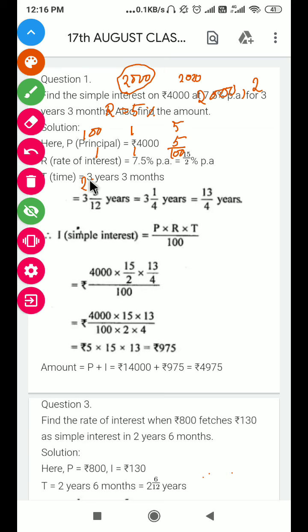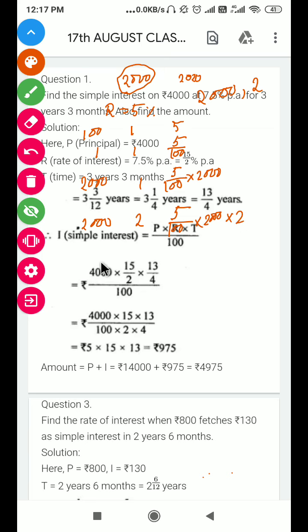If you put 2000 rupees for 1 year, your money will increase by 5 by 100 into 2000. If you put 2000 rupees for 2 years, your money will increase by 5 by 100 into 2000 into 2. Clear? Now go to the formula.